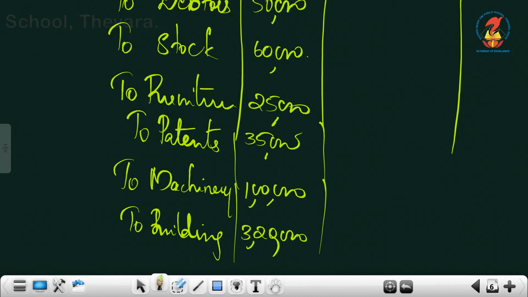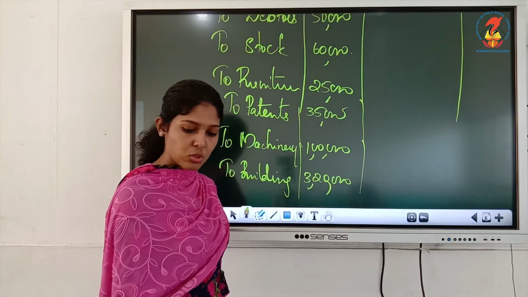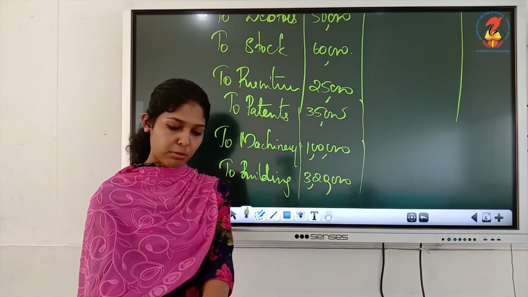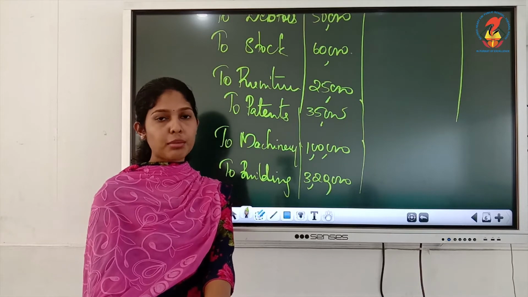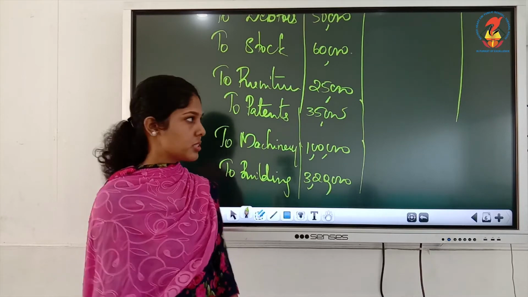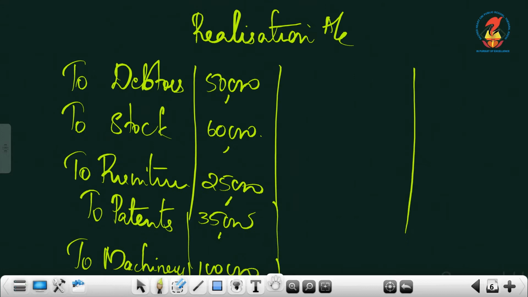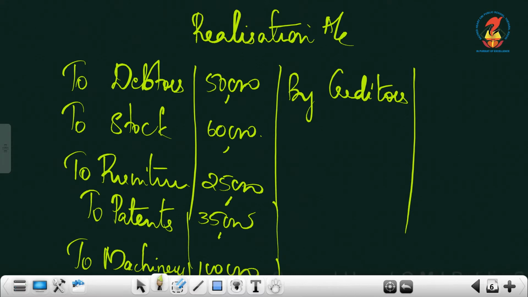Then from liability side you can close only external liabilities, and which is the external liability you have there, only creditors you can take. Current account and all you can't transfer to realization. So only creditors we have as external liability. Creditors figure is 70,000. So that is over. Read the adjustments.